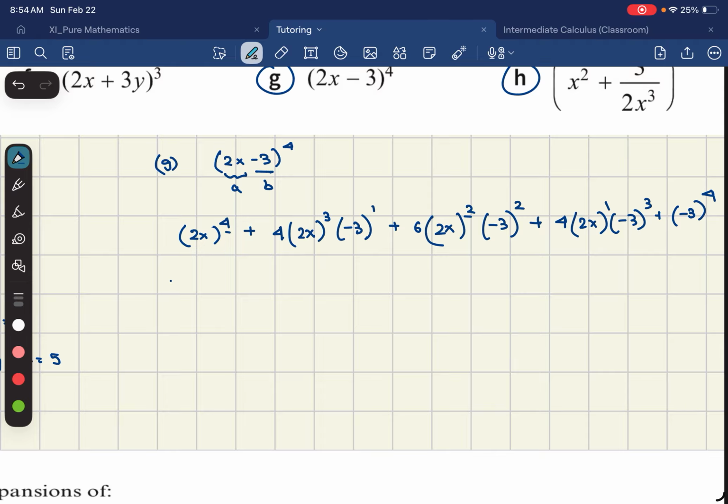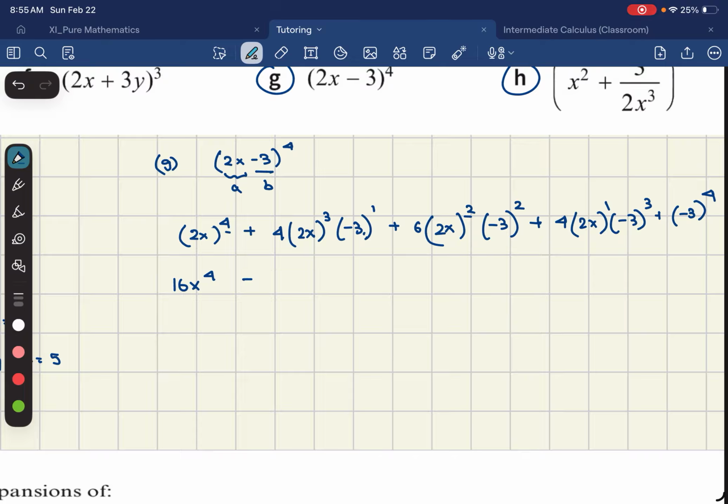Now when you do the expansion, you get 16x to the power 4. And if you simplify this, you get minus 24x cubed, right? 4 3s are 12, times 2 is 24. Oh, sorry.